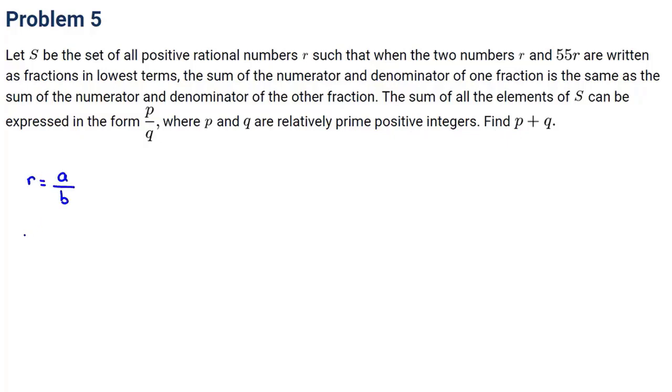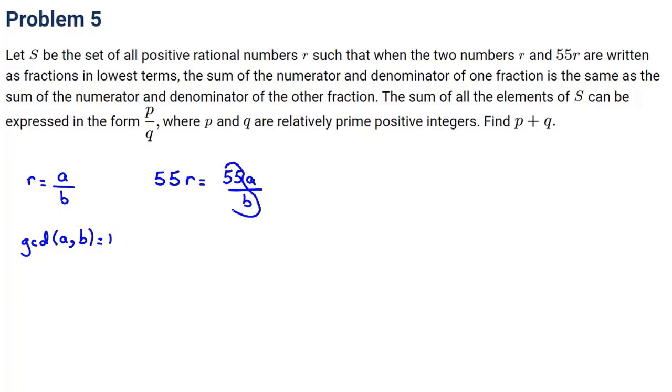When A and B are relatively prime, meaning GCD, greatest common divisor, or HCF, highest common factor, equal to 1, it is in lowest terms. Then we consider 55 times R, which is 55A over B. Now, A and B we can't simplify because it is in lowest terms.